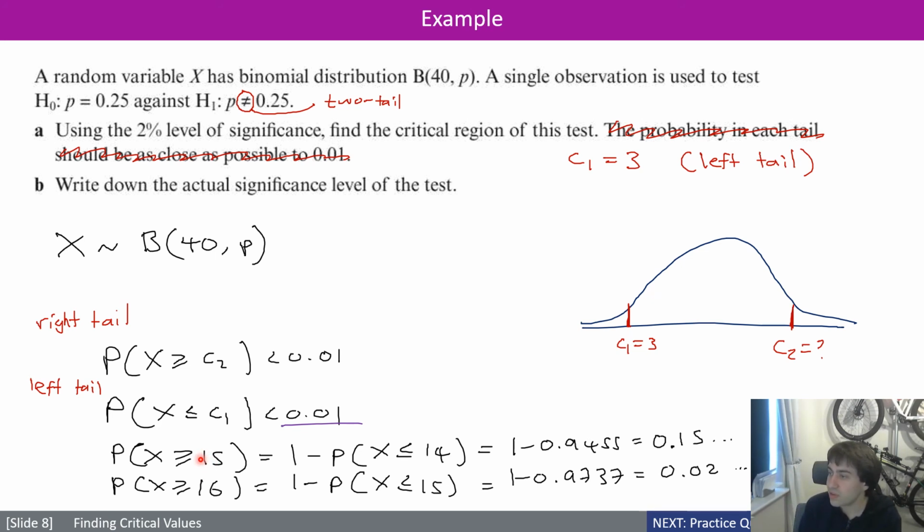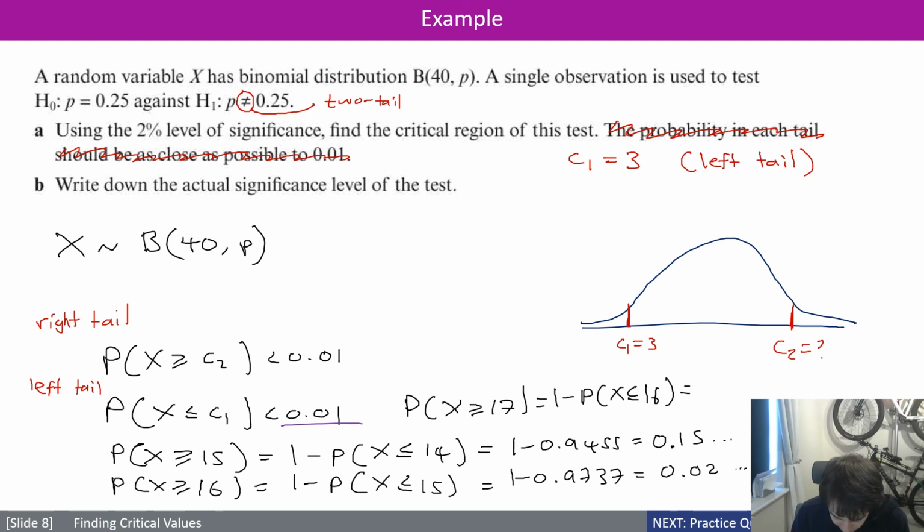Incidentally, you don't necessarily always have to jump by 1 each time. It's a trial and error thing. You can search it out however you like, but just make sure that you find the first one where it happens. But I think we're probably going to get there next time. Let's try it up here. The probability that it's greater than or equal to 17 is 1 minus less than or equal to 16.